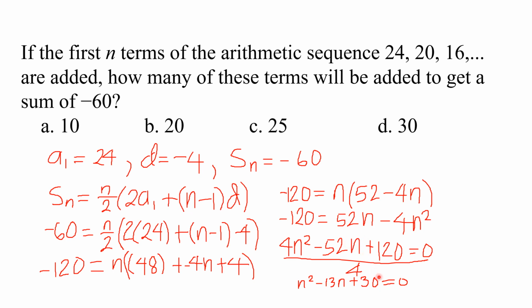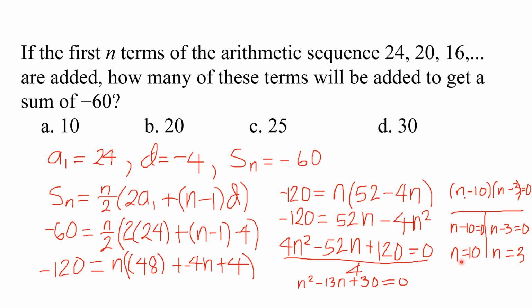So therefore, the answer is n minus 10, n plus 3 is equal to 0. Then equating both factors, n minus 10 is equal to 0 and n plus 3 is equal to 0.